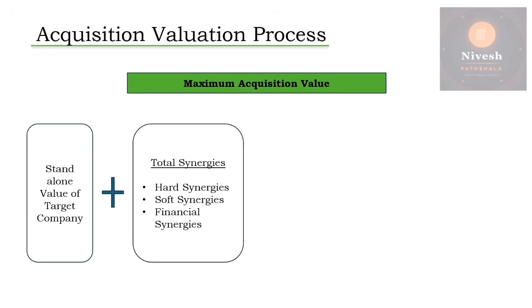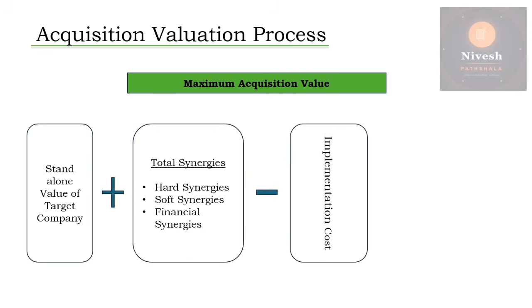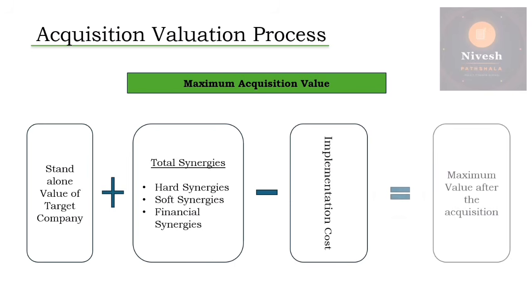Then we deduct the integration cost, the extra one-time expenses that come after acquiring a business. We deduct this from the total value. After all these three, we get the maximum value after the acquisition. This is the new valuation of the merged company, the total company.